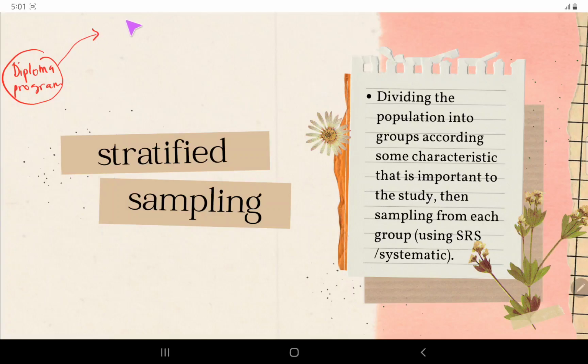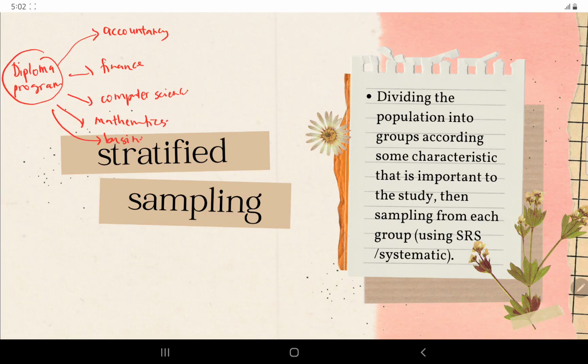Okay, for example, subgroup of accountancy, finance, computer science, what else, mathematics contohnya lah, business study. Okay, so this is our population.